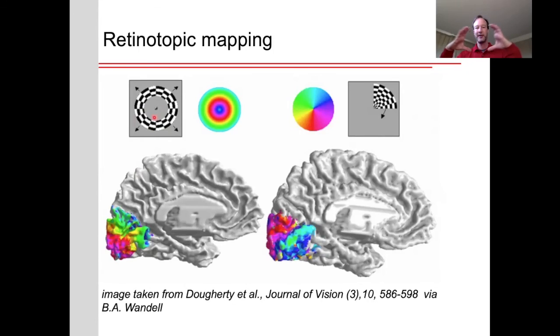That is, when the flashing checkerboard was in that part of the visual field. So essentially looking at the phase of that particular signal. And similarly, you can look at the phase or the timing of the signal as it's rotating around to determine where in this polar angle the visual activation is occurring. And using this, you can actually map different areas of the visual cortex.